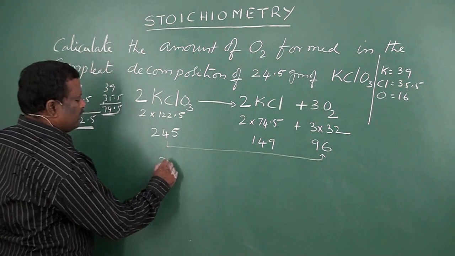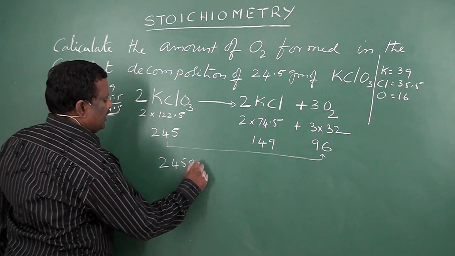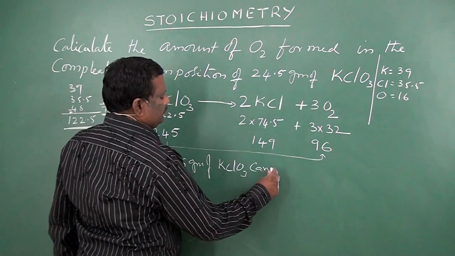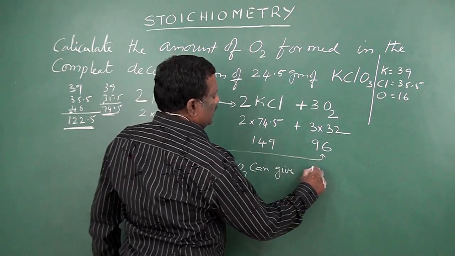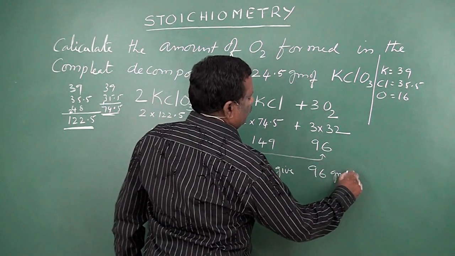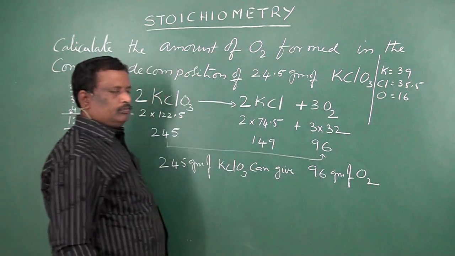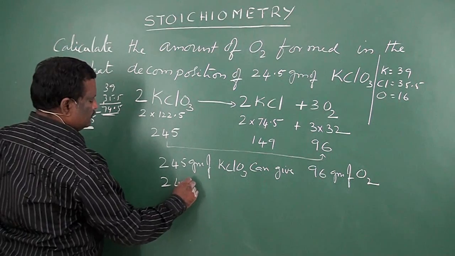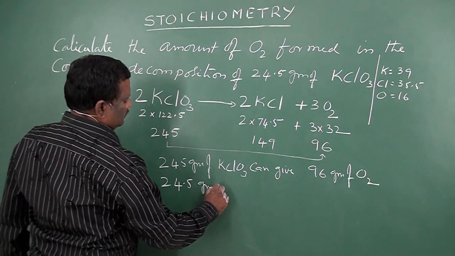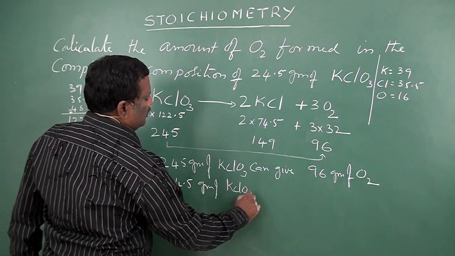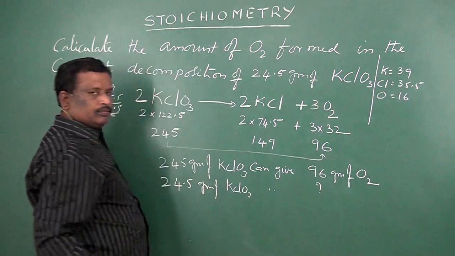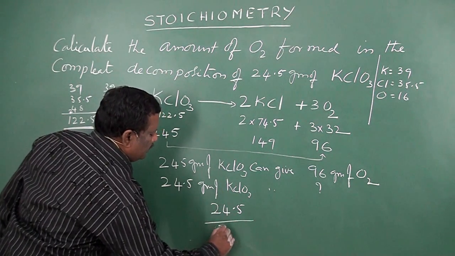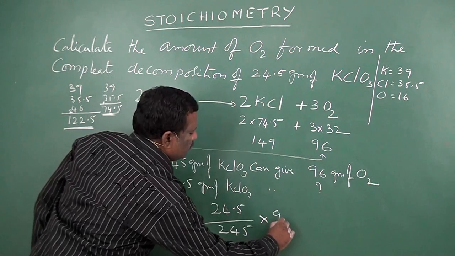Now what are they asking? 24.5 grams of KClO3 can give how many grams? 24.5 by 245 into 96.